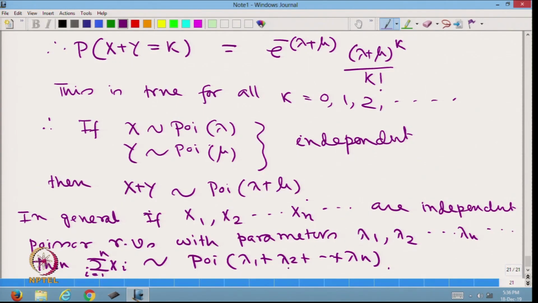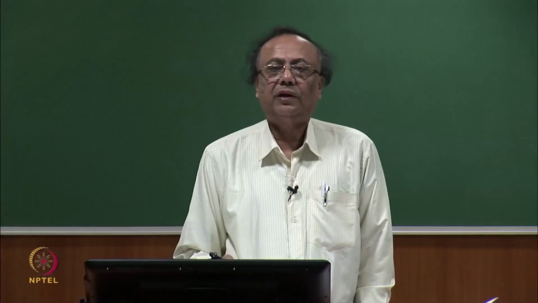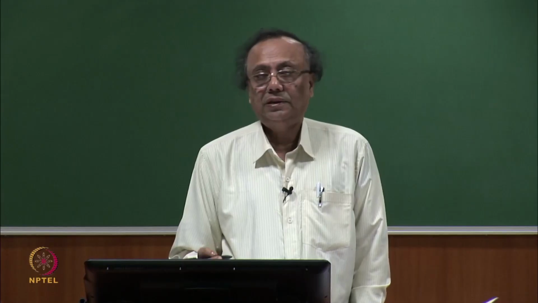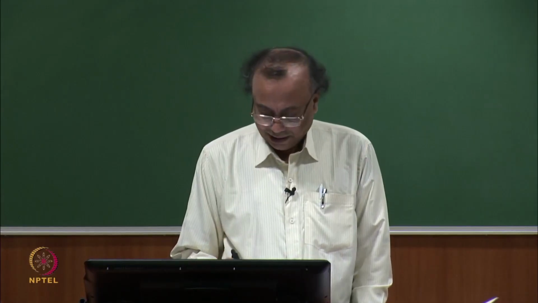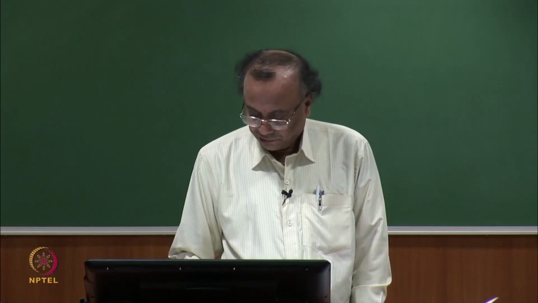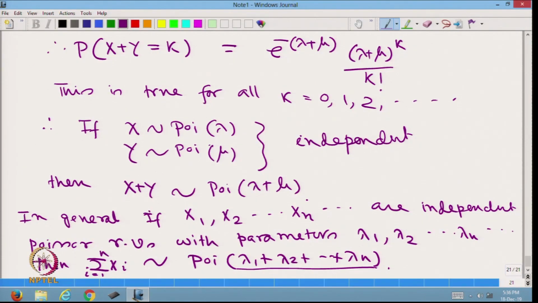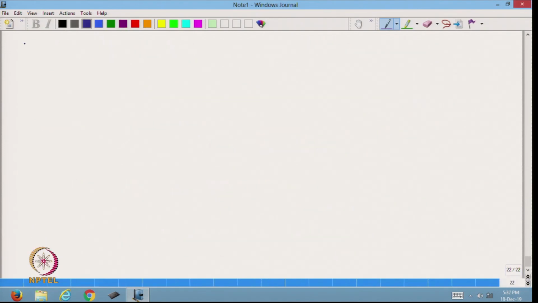This is a very interesting result which we shall see later, because we use Poisson random variables for counting the number of arrivals, and we will see that that naturally comes with the summation of the parameters.